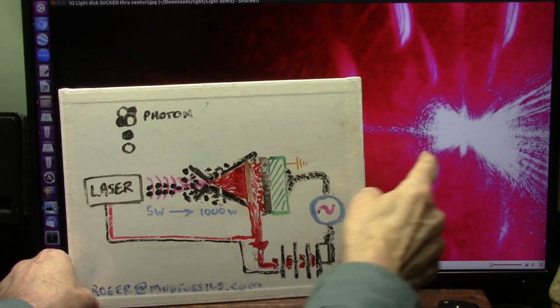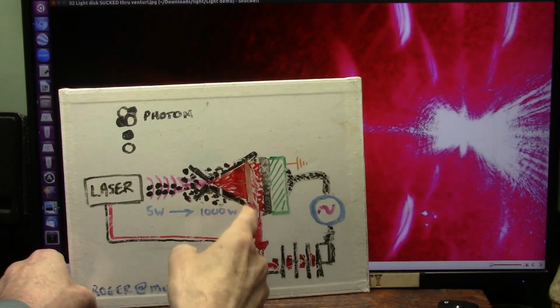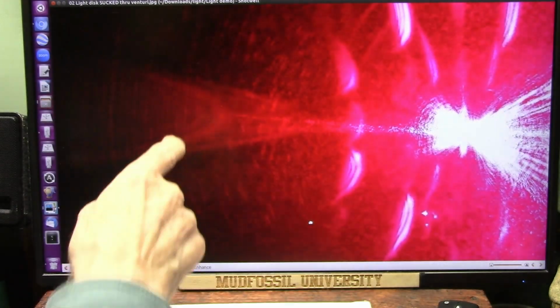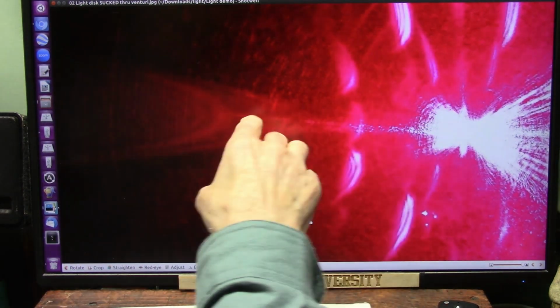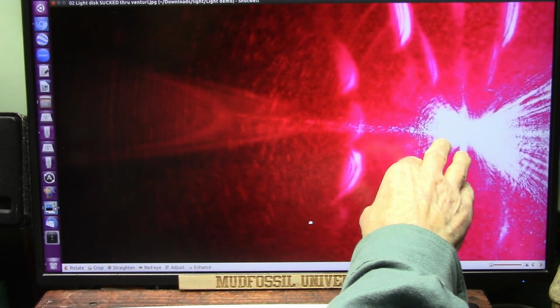Right here. Put a harvester right in here. Just like this, a solar panel basically. We have increased the value of this energetic particle. Enormous, absolutely enormous.